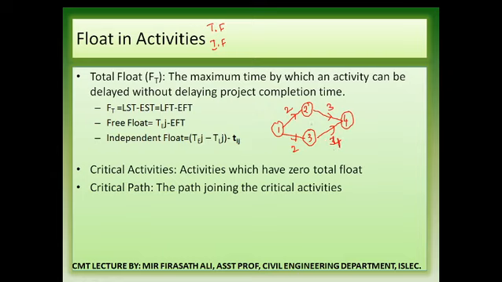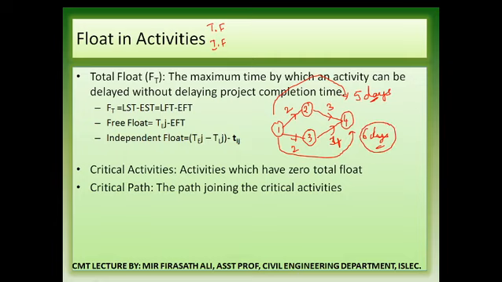If we come in this order, activities 1, 3, 4, the total time for completion is 6 days. If we come in this manner, what is the total completion time? 5 days. But when we have one shorter time and one longer time, when will this project complete? Will it complete at 5 days or 6 days? Obviously it will complete at 6 days.